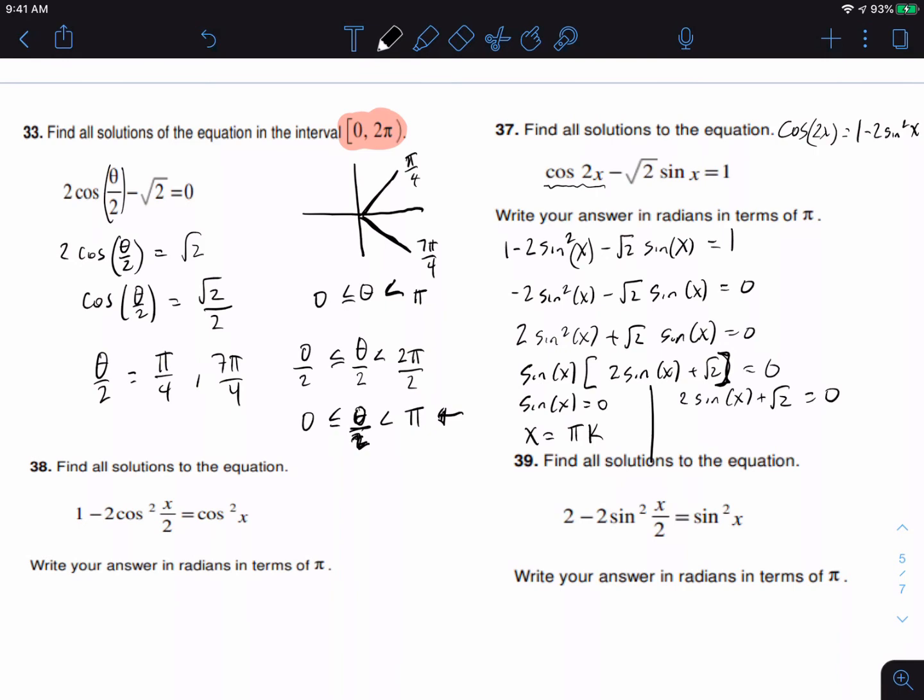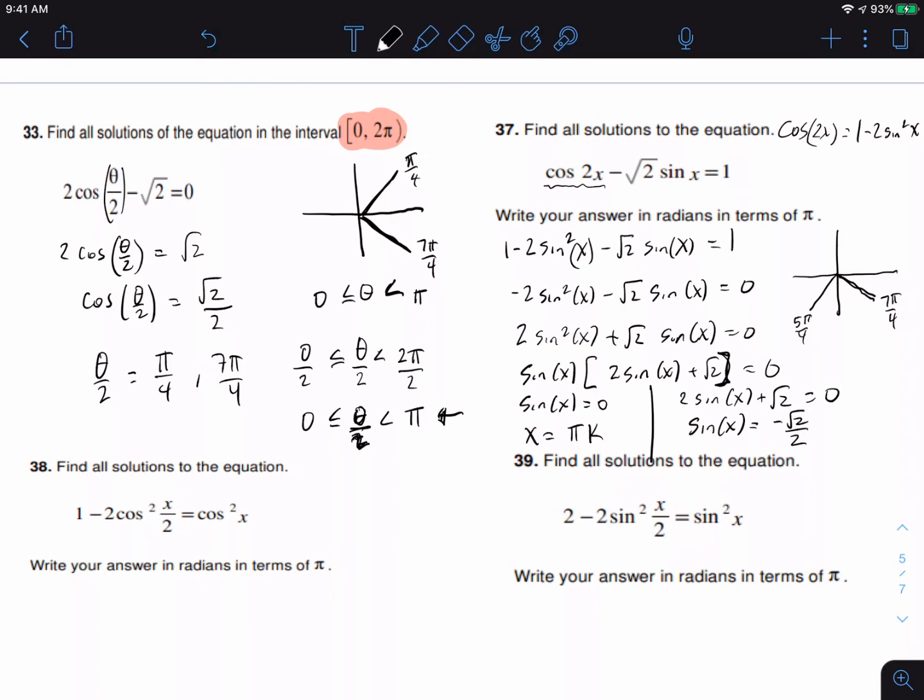Okay, then the other one, doing the manipulation, don't I end up with sine of x is equal to negative radical 2 over 2? And so that one, I want to look at a unit circle. And so negative means it's going to be down here and down here, right? And this is 7 pi over 4, and this is 5 pi over 4.